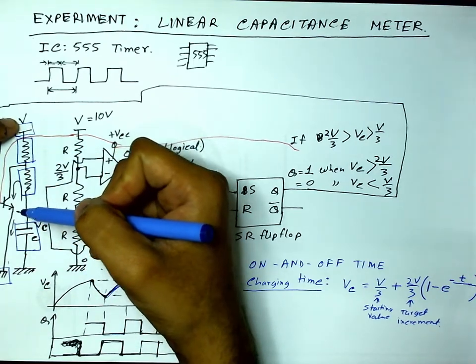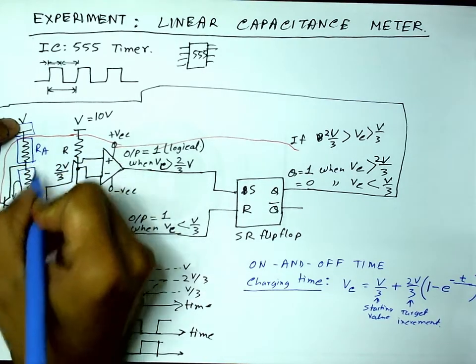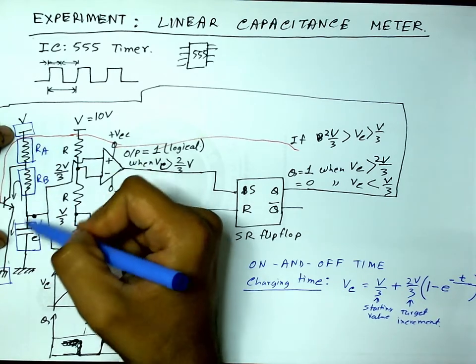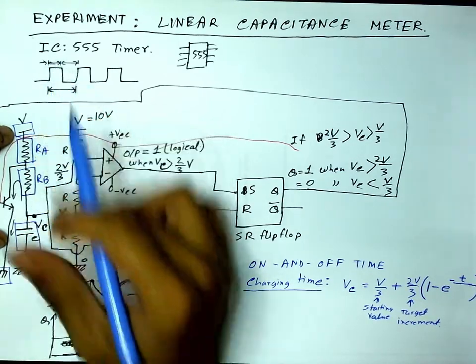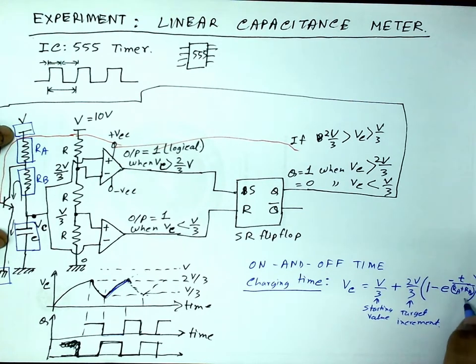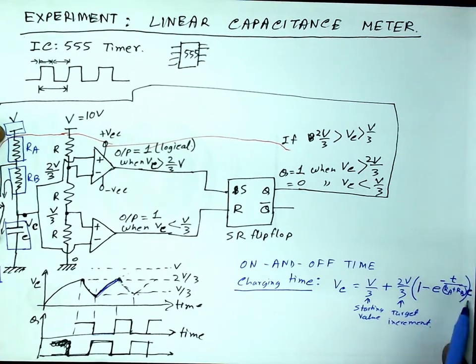Okay, so call them RA and RB. So the charging time constant will be total resistance RA plus RB multiplied by C. So this will be RA plus RB whole multiplied by C. Okay, R times C, where R is the sum of RA plus RB. Or let me also write this: tau, the charging time constant, is RA plus RB times C. I am rewriting this because this part is looking ugly.